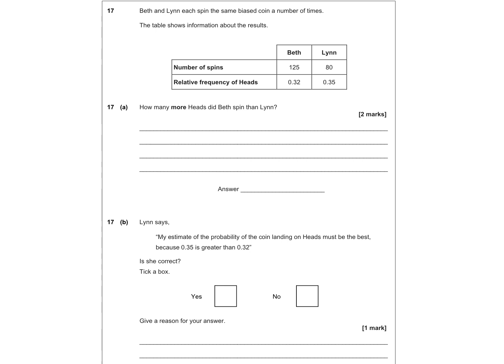Now, this is very similar to our orange question a few questions ago. We need to figure out how many times it landed on heads for each of them. So for Beth, that is going to be 125 times 0.32. That's going to give us 40.